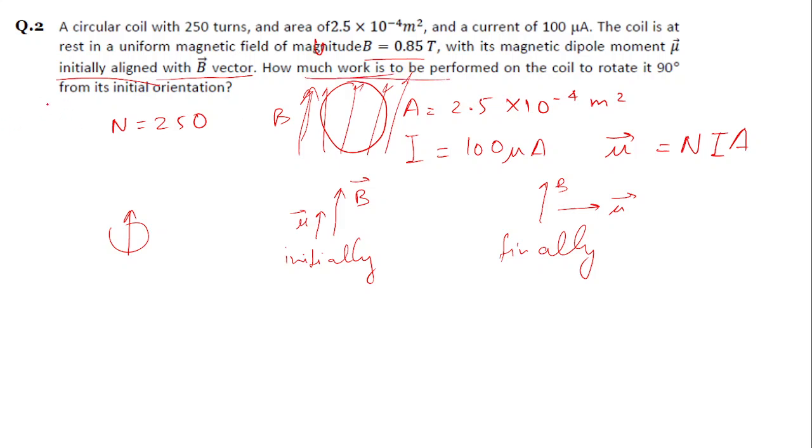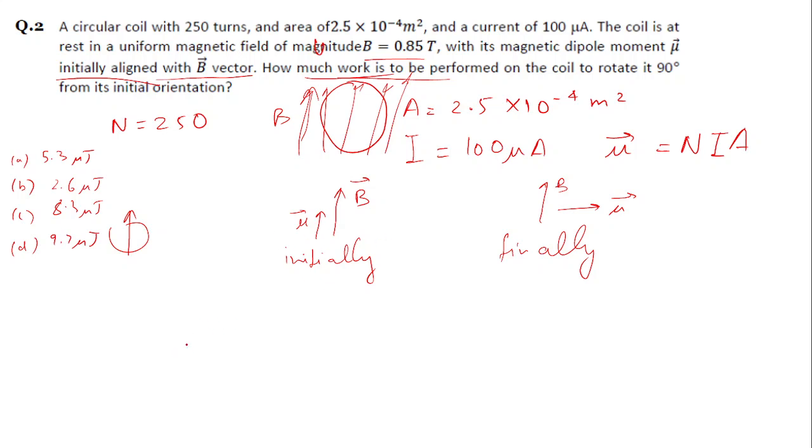Sorry, here also the options, let me give you the options. So options were 5.3 microjoule. So how much work needs to be done to move the magnetic moment perpendicular to it. So the work done values 2.6 microjoule, 8.3 microjoule, and 9.7 microjoule.